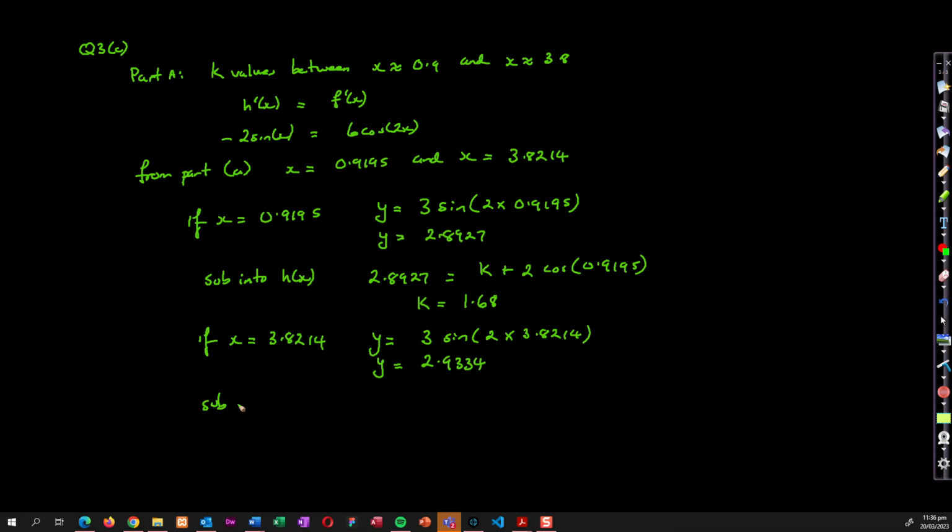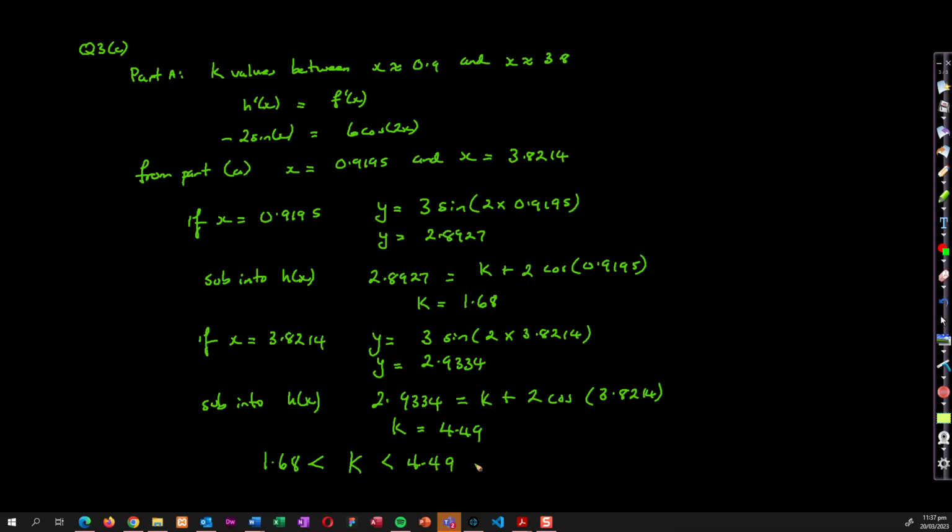If we substitute into h again, 2.9334 is equal to k plus 2 times the cosine of that x value, and that gives k equal to 4.49. So one region where we have 2 points of intersection is when k is more than 1.68 and less than 4.49.